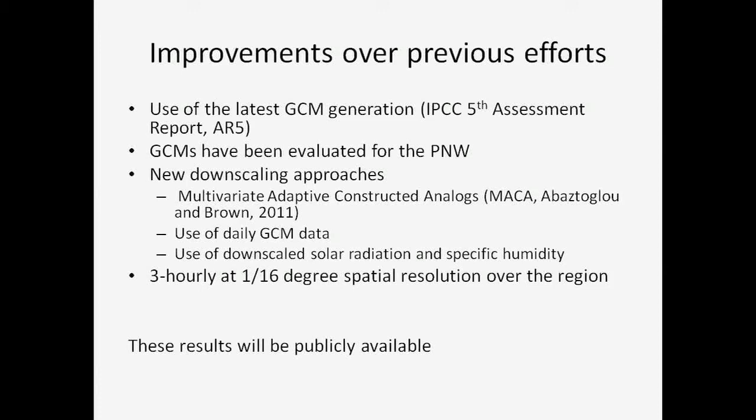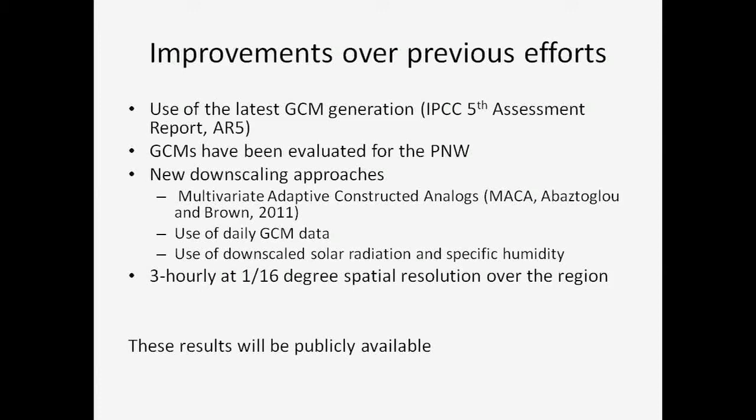Among them, we are using the latest generation of GCMs. The GCMs have been evaluated, and we're using new downscaling approaches, in particular the Multivariate Adaptive Constructed Analogs downscaling method. We're also using daily GCM data.